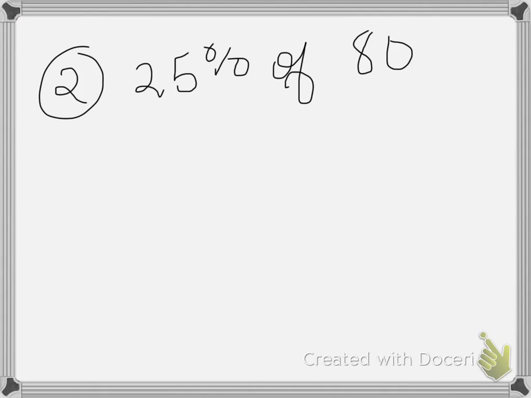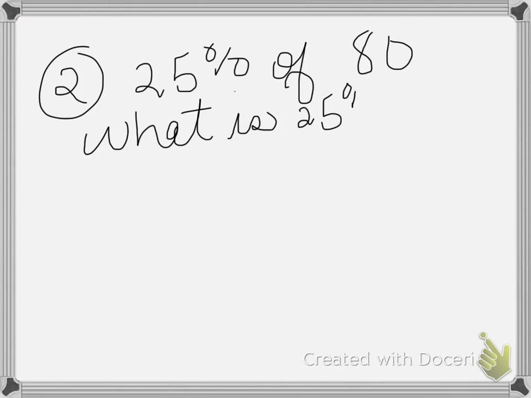So if you want to set that as a proportion, you could write what is 25% of 80, or you can just multiply. I know that looks awful, so I'll rewrite it. What is 25% of 80?